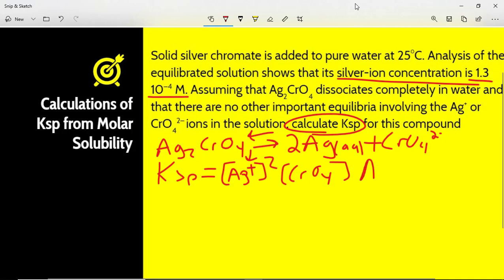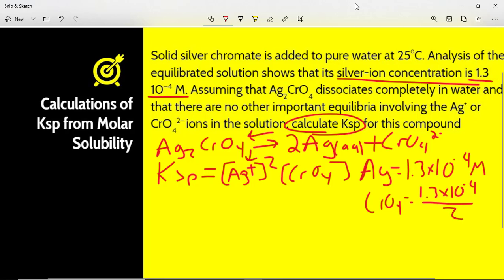So my CrO4 concentration is going to be 1.3 times 10 to the negative fourth divided by 2, because I get twice as many ions of silver as I do chromate. Plug that into our calculator, and we get a CrO4 concentration of 6.5 times 10 to the negative fifth.